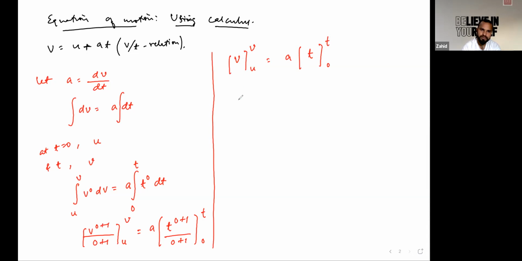Now if you put the value of v as upper limit and lower limit as u, with a negative sign in between, and for a, upper limit as t and lower limit as 0, on simplifying you will get v is equal to u plus at.